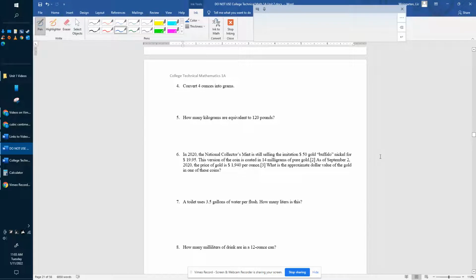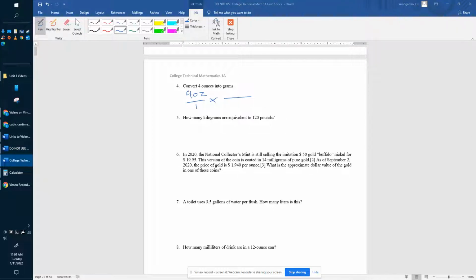Convert 4 ounces to grams. Let's see, that's under our weight and mass. We start with 4 ounces over 1 times ounces to grams, there are 28.35 grams in 1 ounce.